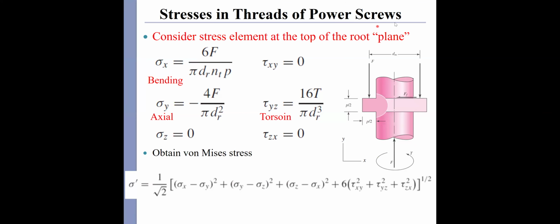Now we can consider the stress element at the top of the root plane, right here. Of course, we have the actual loading, and tau xy equals 0. And of course we have some bending stress on this surface and this element.